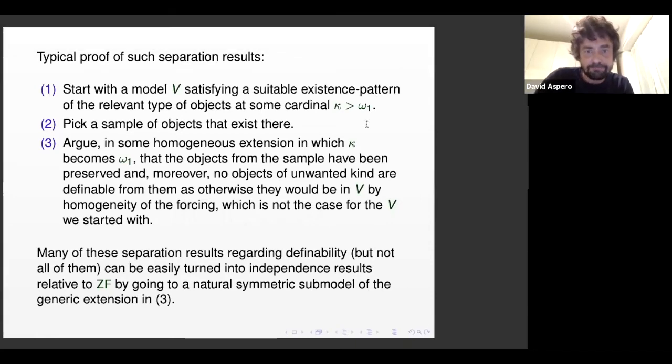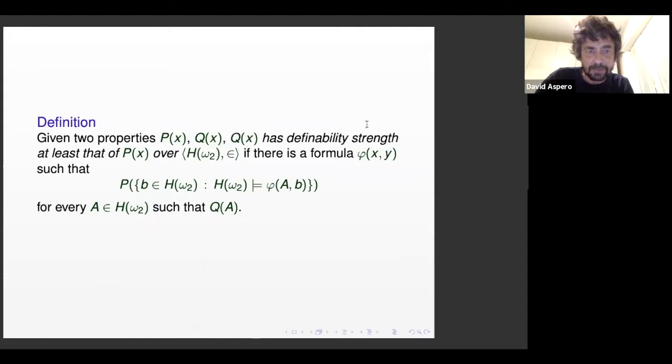Okay, so let me give a formal definition.